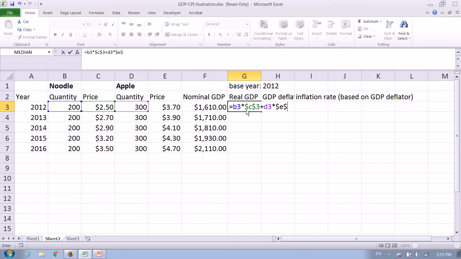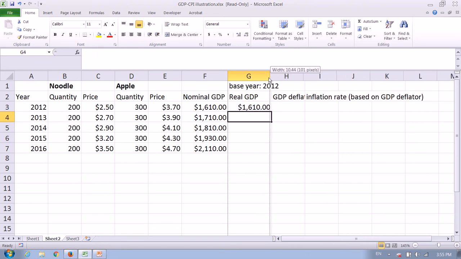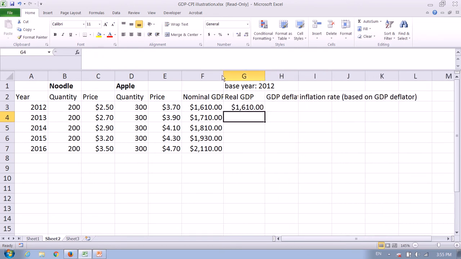And not surprisingly, since I'm choosing year 2012 as the base year, real GDP of this year is the same as nominal GDP. Do it for other years. And we see that the real GDP tells us the true story, that this economy does not change from year 2012 to 2016.